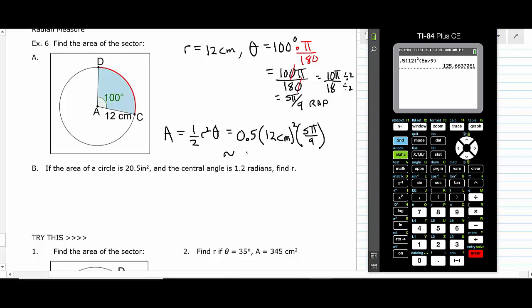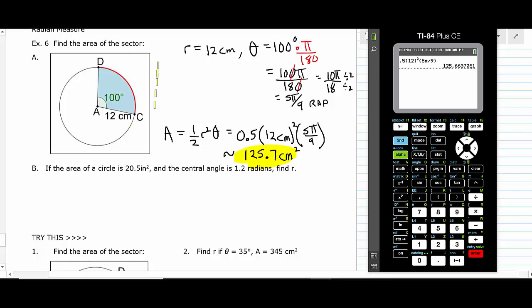Okay, so that's going to be 125.6. I'll round that off to 1 decimal, so the 6 is going to round up to 7. And notice you have a centimeter squared. You want to know that the units on area are square units, square centimeters, square feet, and so forth. That's why. Anytime you have an area formula, there's going to be something in there that's being squared. So that's the idea.